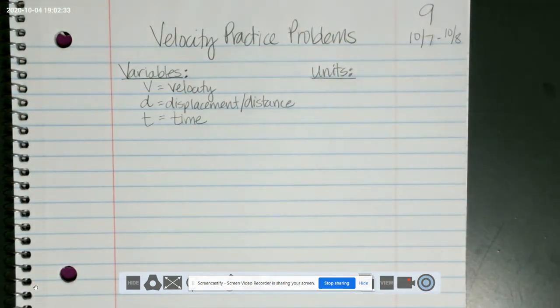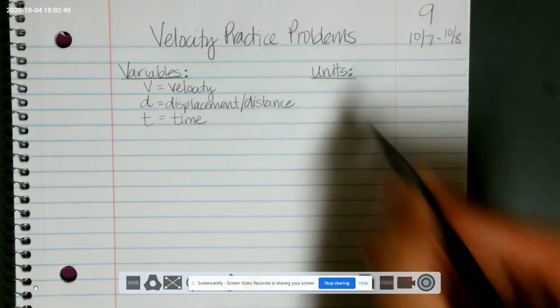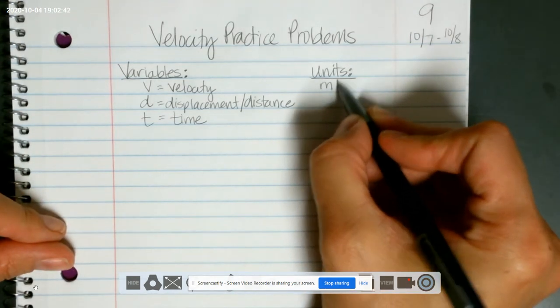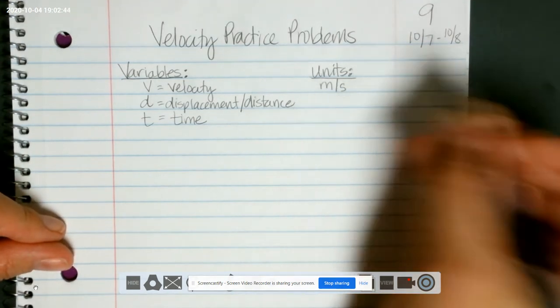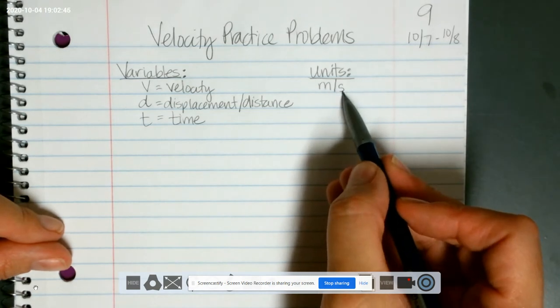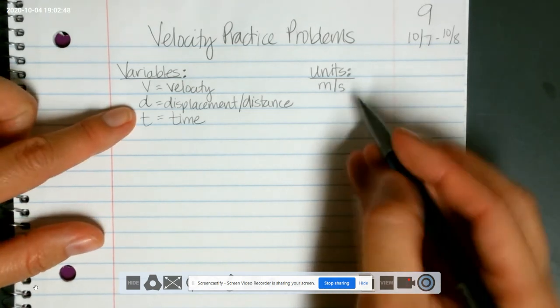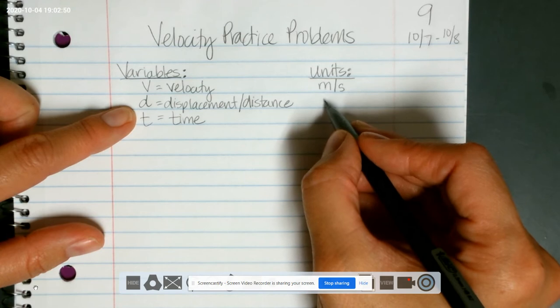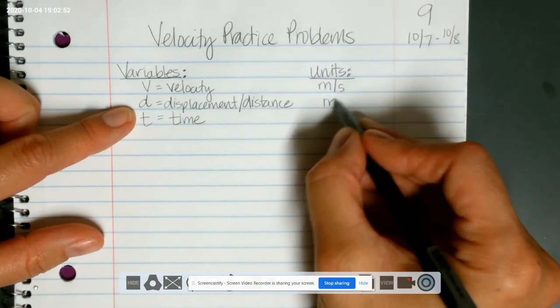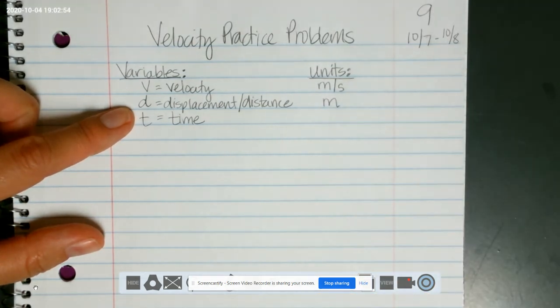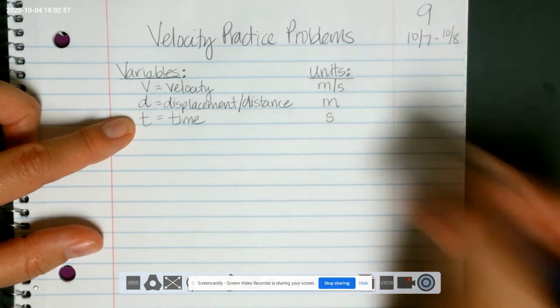So velocity, we've already talked about it. The standard unit has to be a distance and a time. So the standard unit we use is meters per second because it's a distance divided by a time. Therefore, if the distance or displacement is in meters, then we're going to have meters there, and time is going to be in seconds.